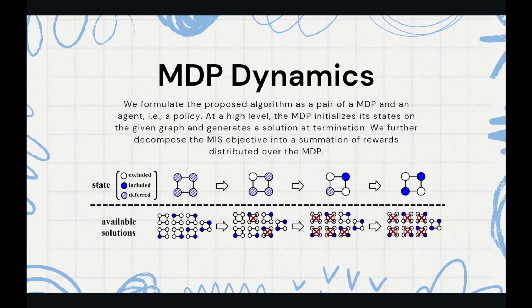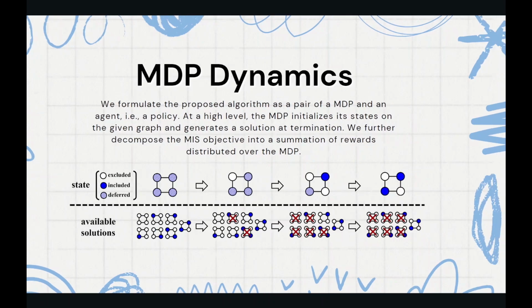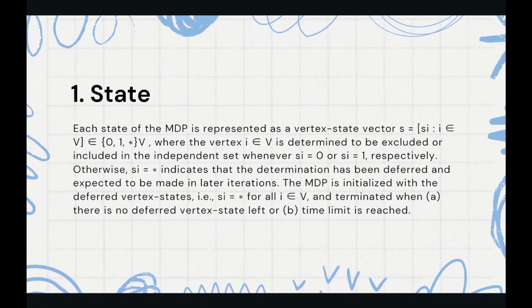First, we understand the states of the MDP. Each vertex in the graph can be seen as an included vertex, excluded vertex, or a deferred vertex. A state represents a vector which keeps a record of each vertex in the graph.